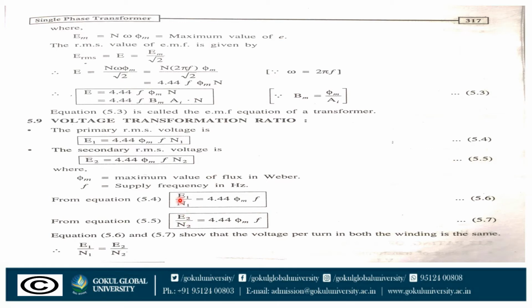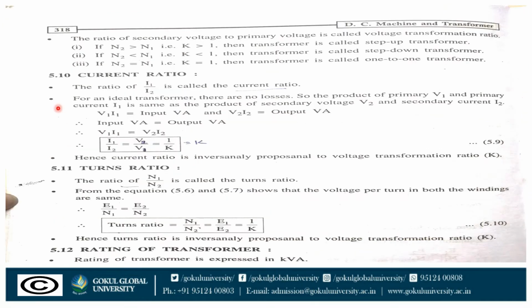So E2 by E1 equals N2 by N1 equals K, where K is a constant known as the voltage transformation ratio. The ratio of the secondary voltage to the primary voltage is called the voltage transformation ratio.